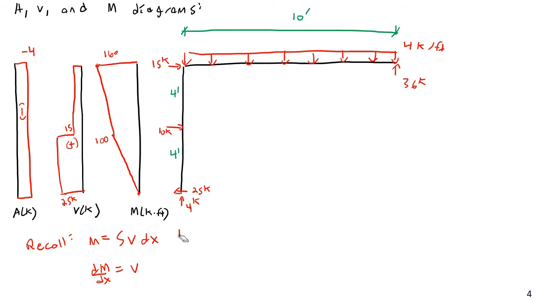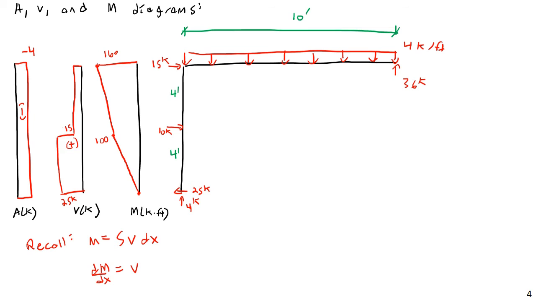Or if it's not lined up with the centroid of the member, then you would also get moment. But as long as everything is ideal and purely axial, the axial force won't generate shear or moment. Although the axial force in one member can generate shear in another member, purely within one member, no.